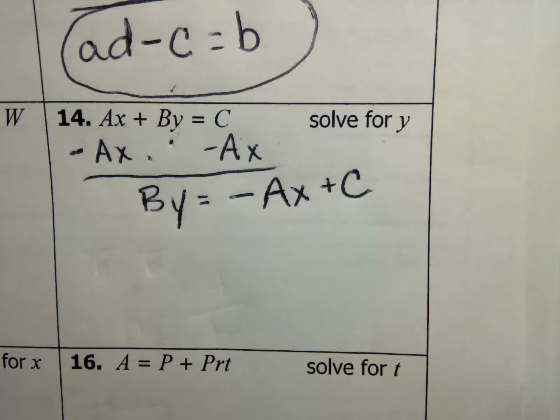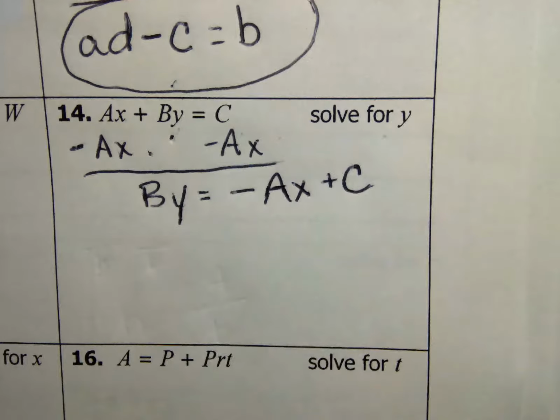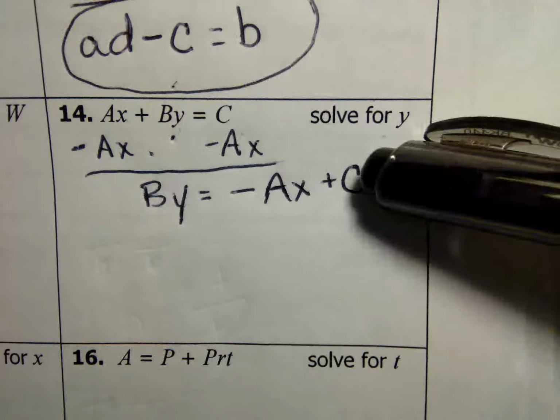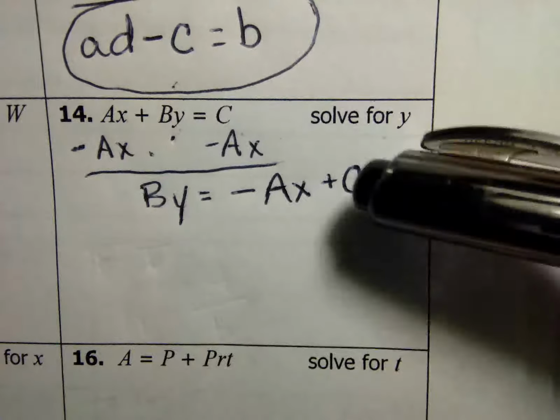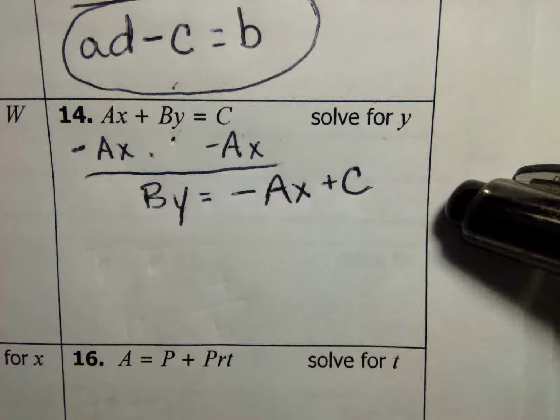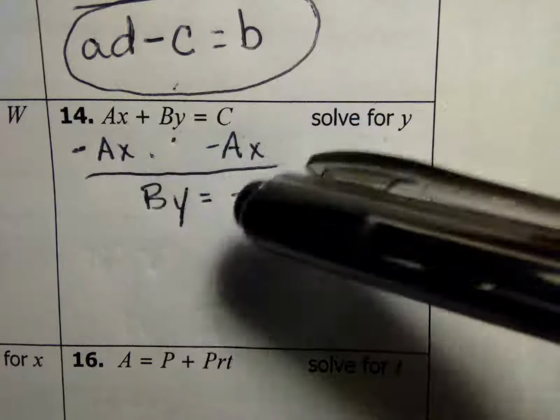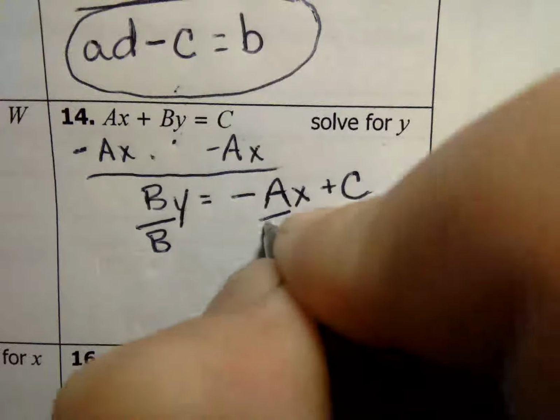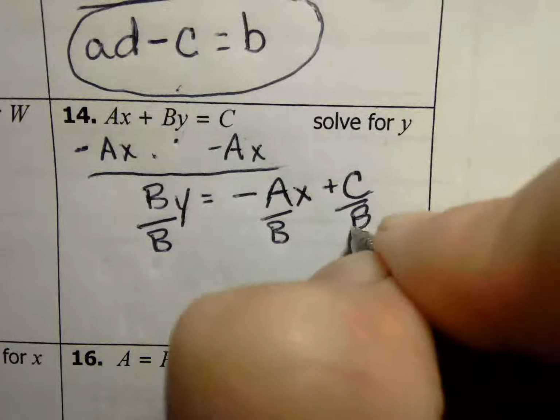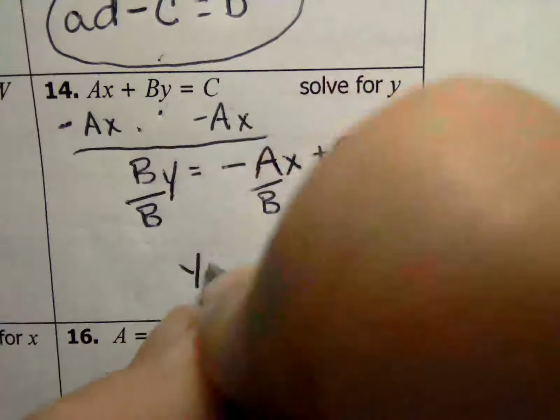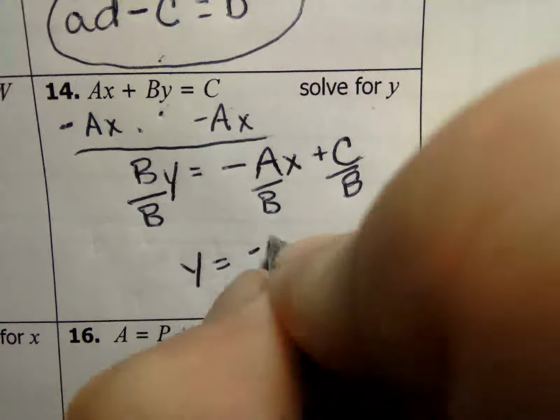Next step. Okay. How do I get rid of b? Now I'm going to tell you to do this one slightly different because I want it to be in y equals mx plus b form. So I'm going to say divide by b, divide by b, divide by b. So you will probably see this one written this way.